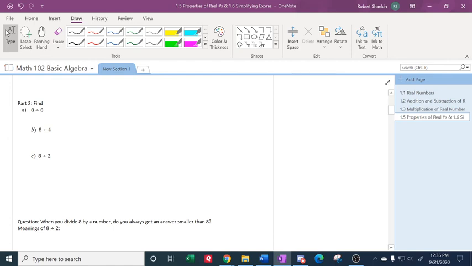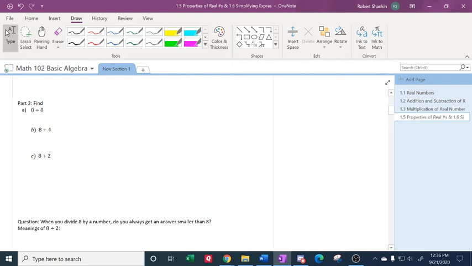Meaning of 8 divided by 2, leave that blank for right now. Okay, 30 seconds more. Make sure you do this question at the bottom as well.